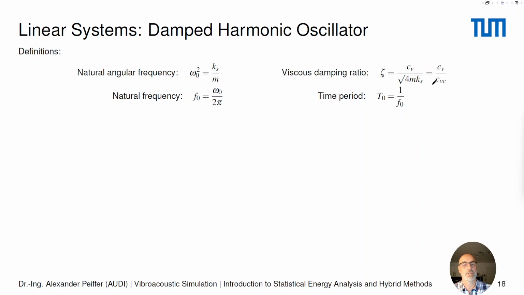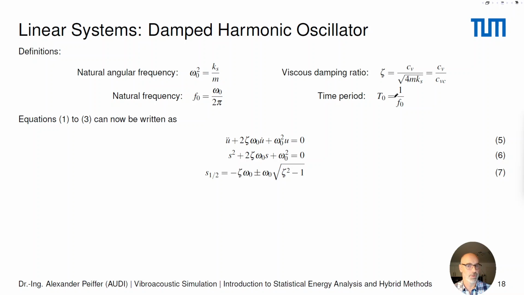The critical viscous damping is also used to create a new quantity that we call the viscous damping ratio, represented by this quantity xi, which is just the ratio of the viscous damping to this critical damping. And the time period is the reciprocal of the natural frequency.